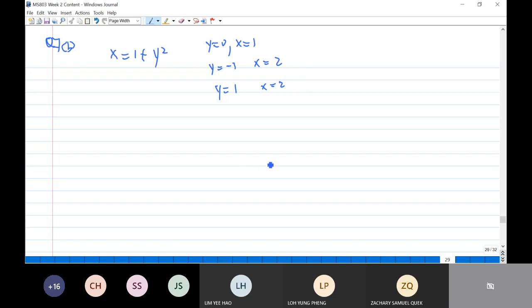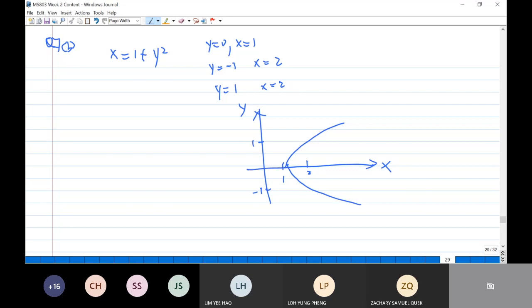So this parabola, if you look carefully, with the x and y axis here, y equal to minus 1, x equal to 2. So this parabola looks something like this.